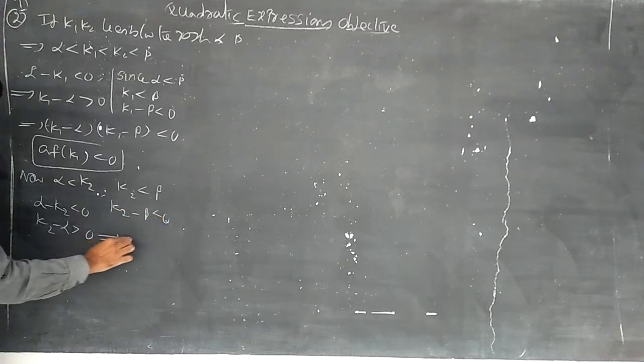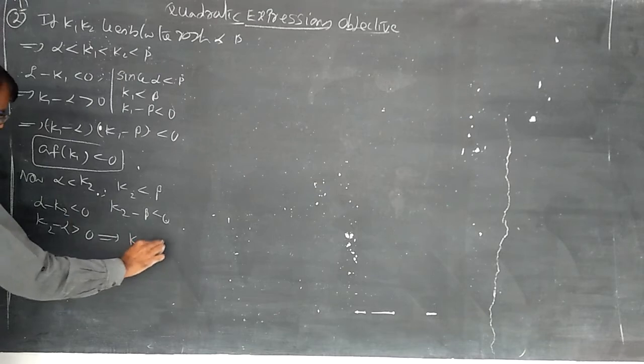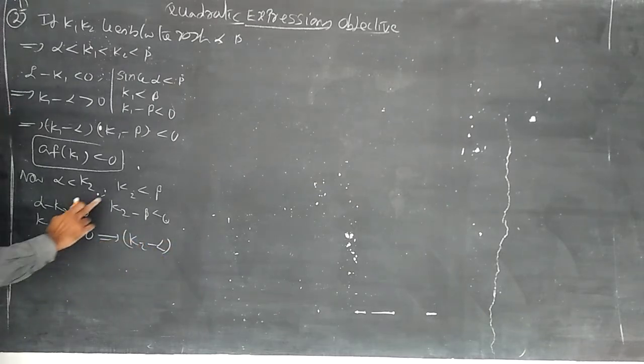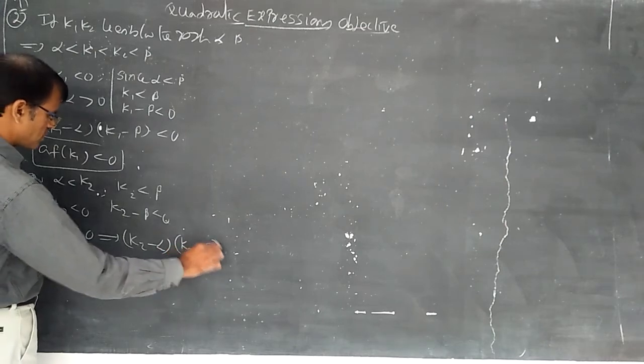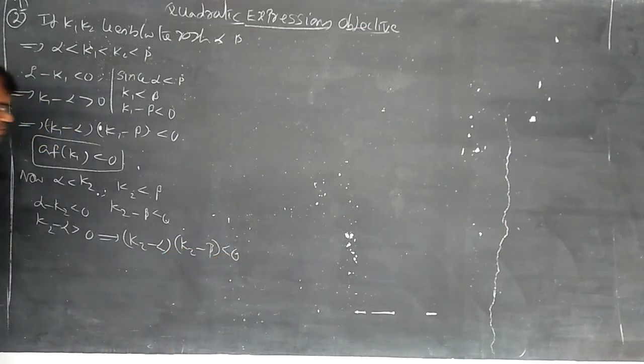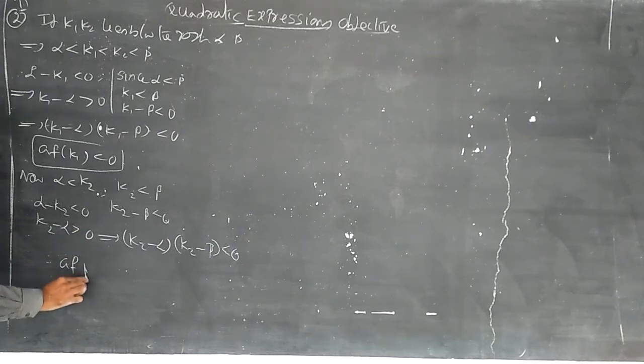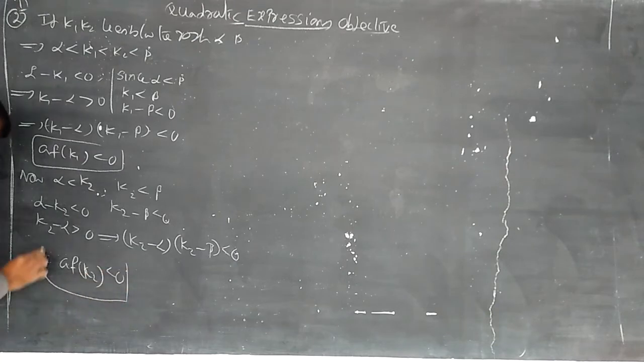Multiplying the two, k2 minus alpha is positive and k2 minus beta is negative, so (k2 minus alpha)(k2 minus beta) is plus into minus, which becomes minus. Therefore a into f of k2 less than 0.